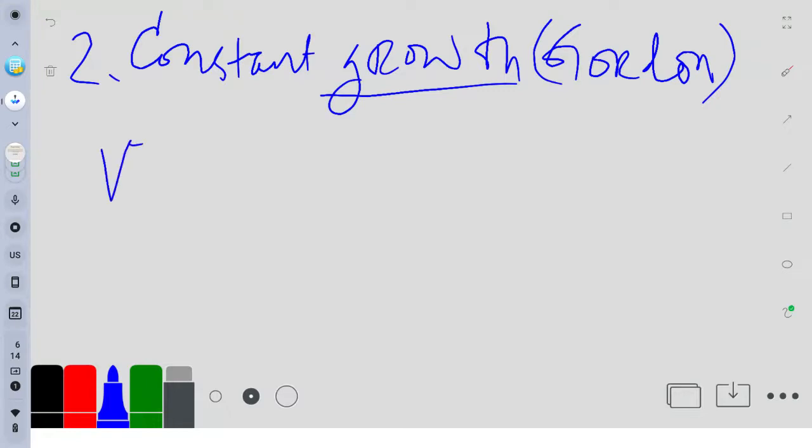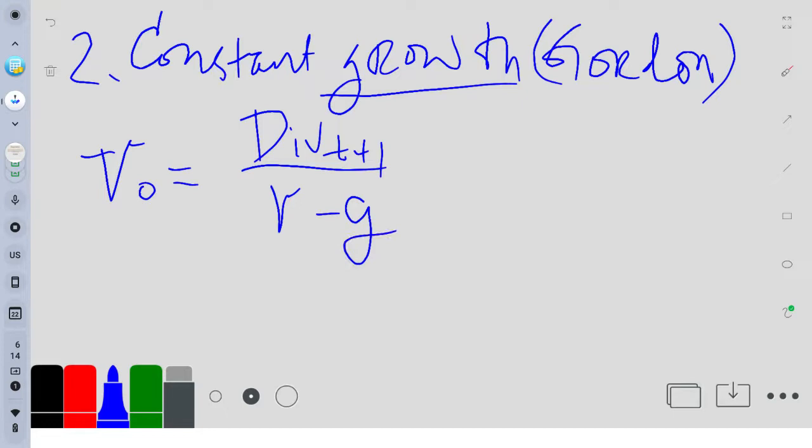And in that case, the value of the stock is dividend at time t plus 1 over r minus g. Of course r is the required return, the discount rate, but in the case of stock, the discount rate is called the required return.